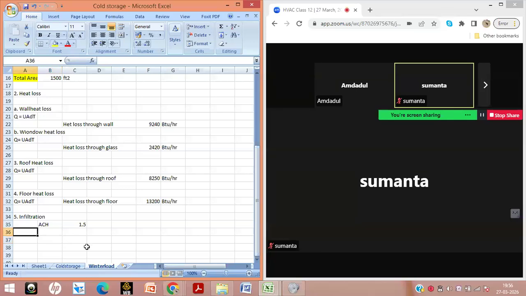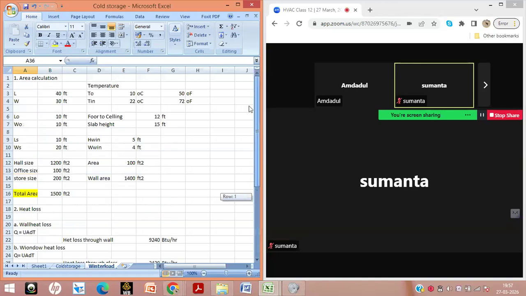First of all, we need to calculate the room volume, because our infiltration will be calculated based on CFM, which is cubic feet per minute. So we need to calculate the entire volume of the complete room.